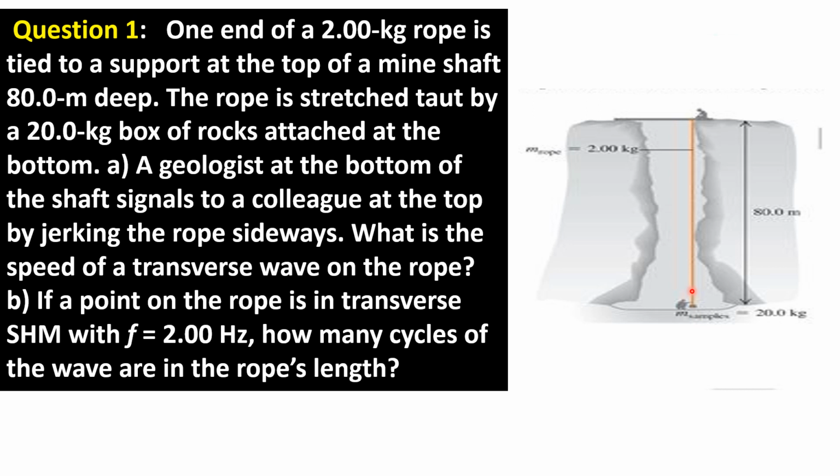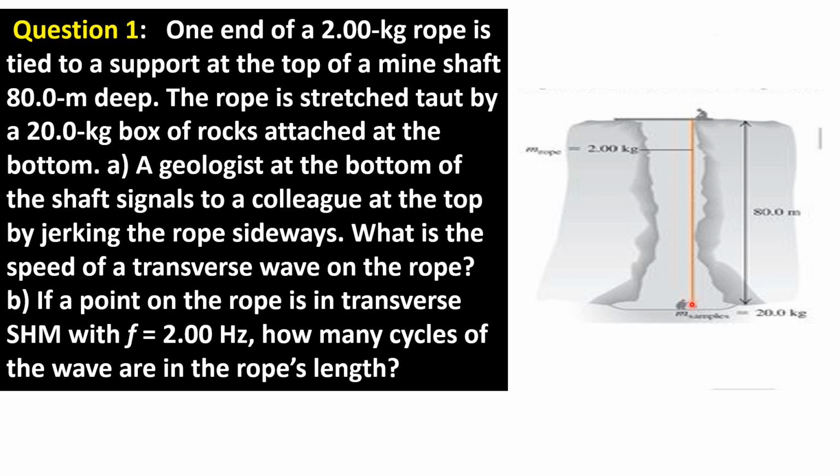stretch tightly, and the wave pulse travels from the bottom of the rope upward until it reaches another person at the top, a distance of 80.0 meters, equivalent to the length of the rope.